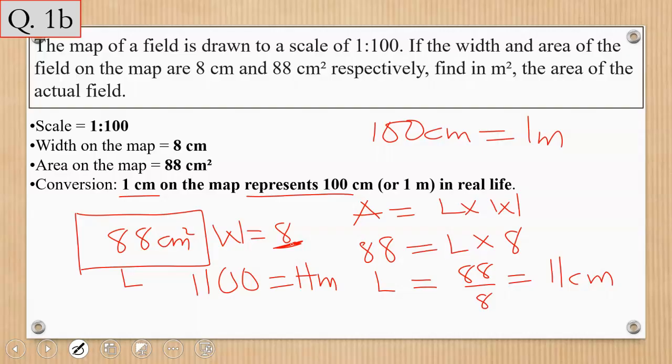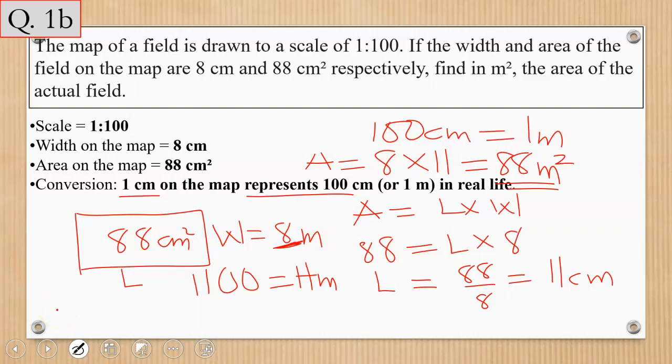If every 1 centimeter represents 100 centimeters, then 8 will give us 800 centimeters, which is equivalent to 8 meters. So the actual area of the field is going to be 8 times 11. And of course, when you do that, you get 88 in terms of meters squared. And that becomes the answer. Good.